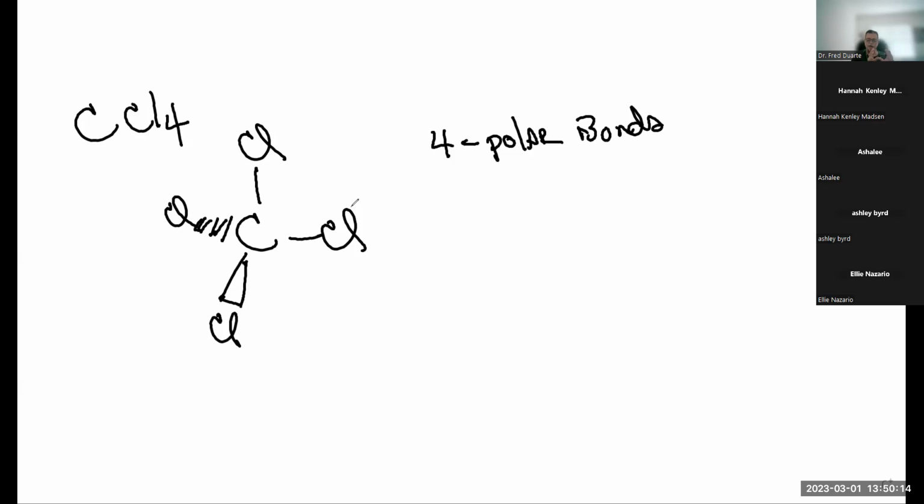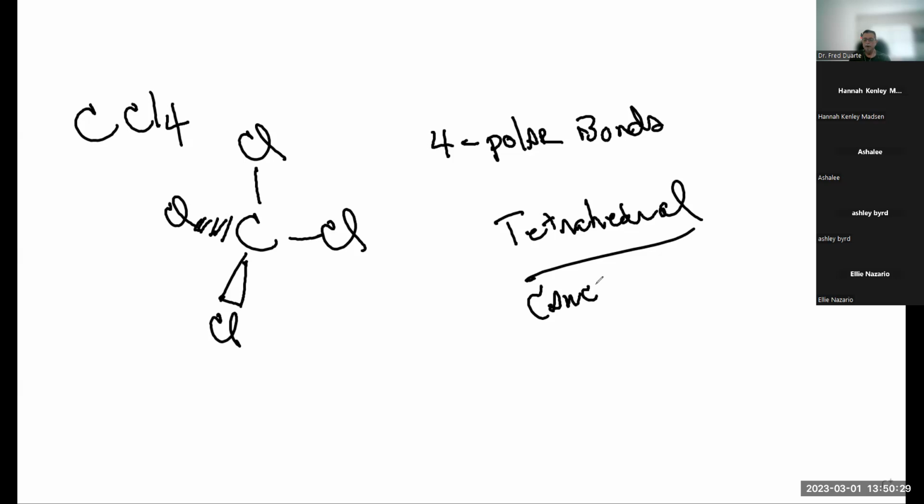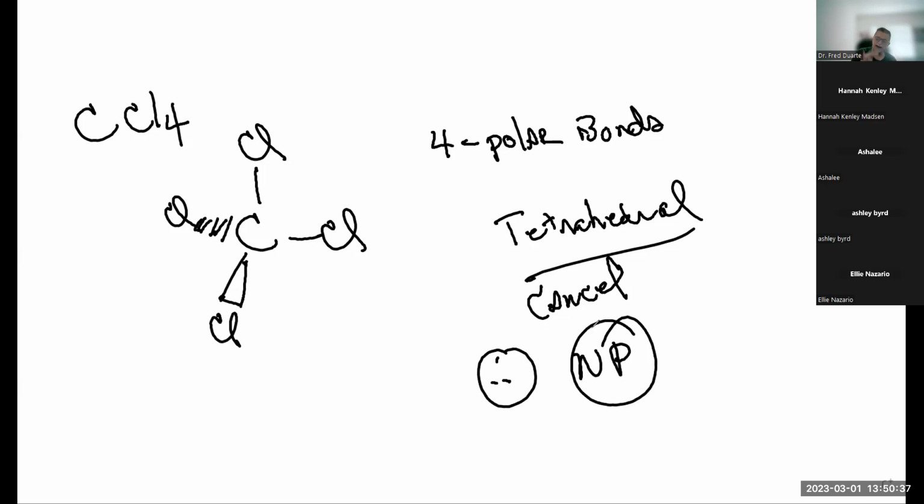But because of the geometry, being in the tetrahedral geometry, all four polar bonds cancel out. Which implies that this species is a nonpolar molecule, even though it has four polar bonds.